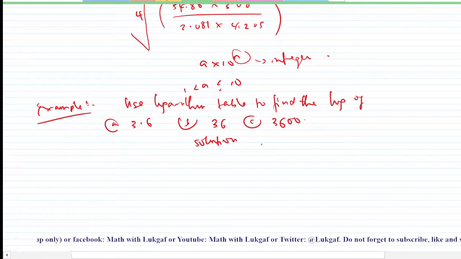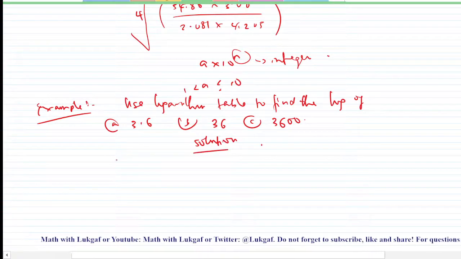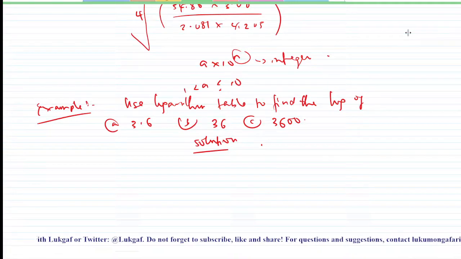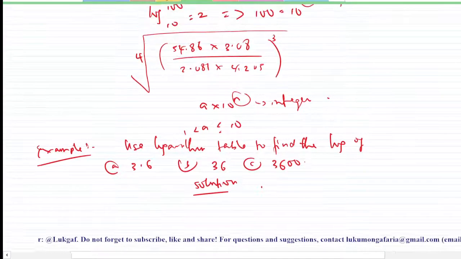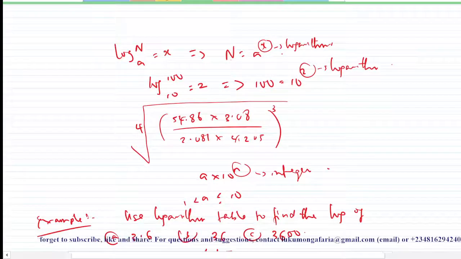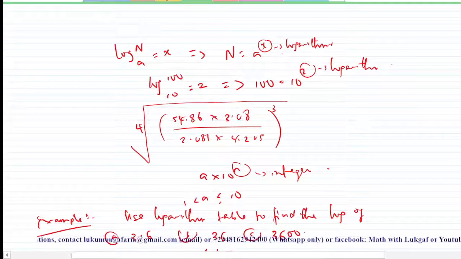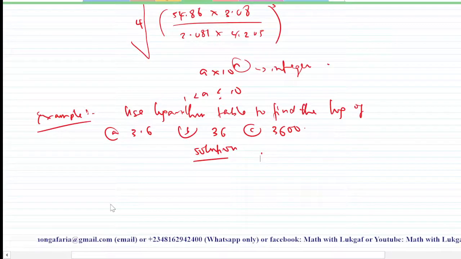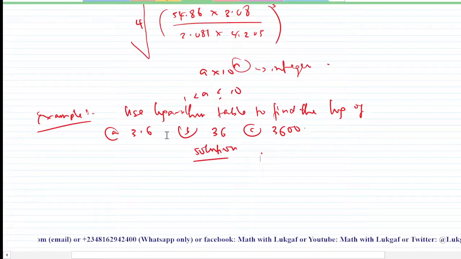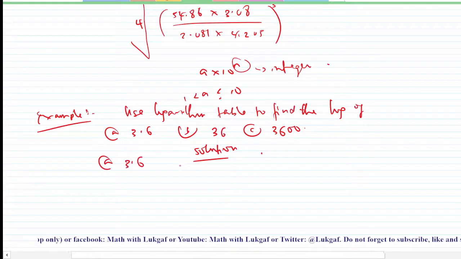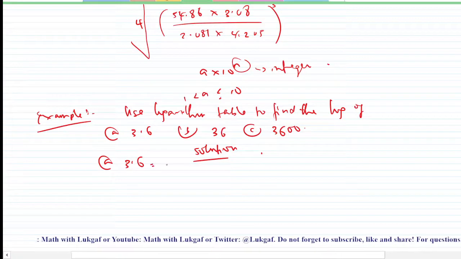How do you do this? Don't forget, with the explanation I gave here, I said when you say logarithm of a number, let's say you are working in base 10, logarithm is the power to which this 10 is raised. So if you rewrite this as a number in base 10, for example, I have my 3.6, you can write this in standard form.